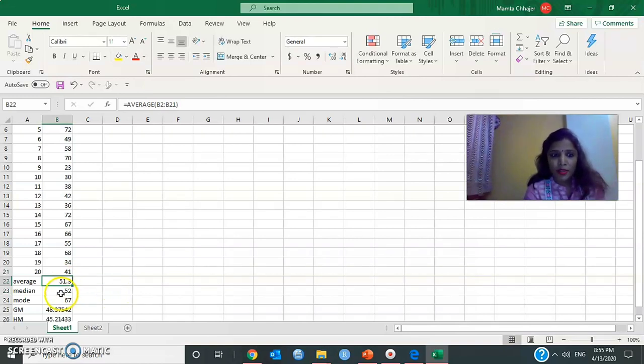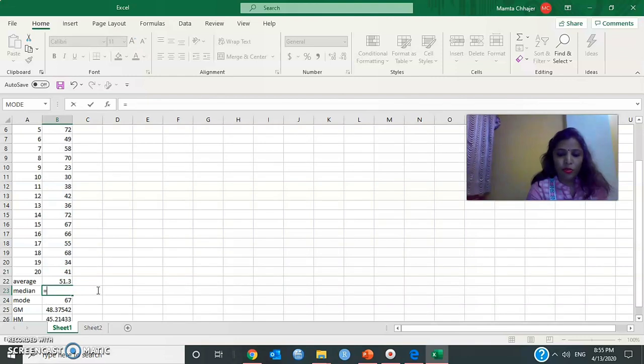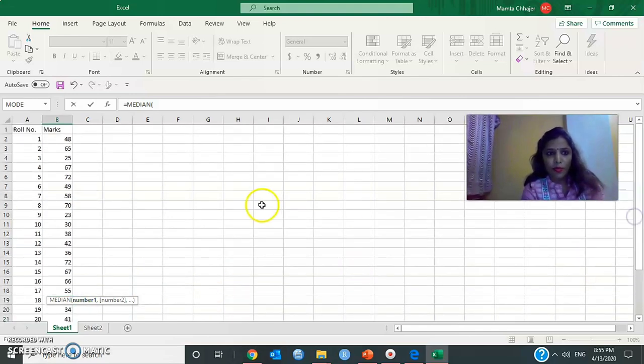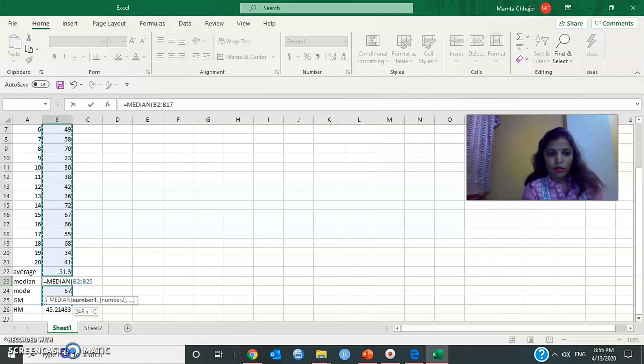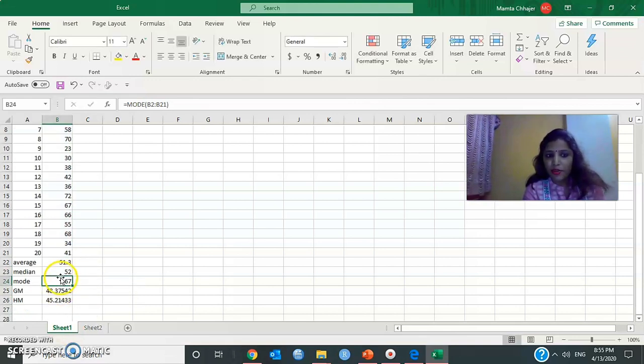Now next comes how to calculate median in Excel. I am just repeating the procedure. You press equal to, you type median and here the function comes. So you click and now it is asking you to select the observations. So here I select and I press enter. So I get the median value. Then I get the mode.